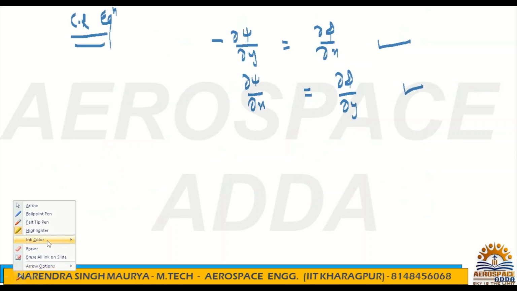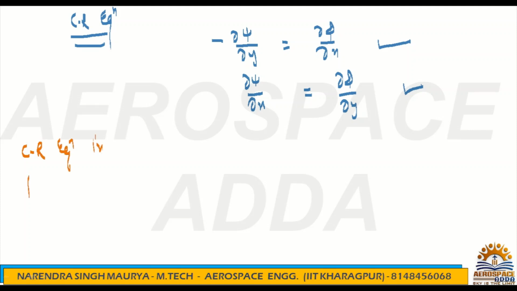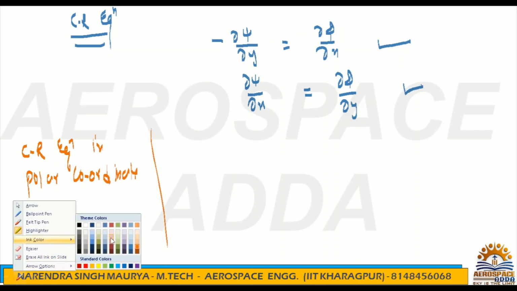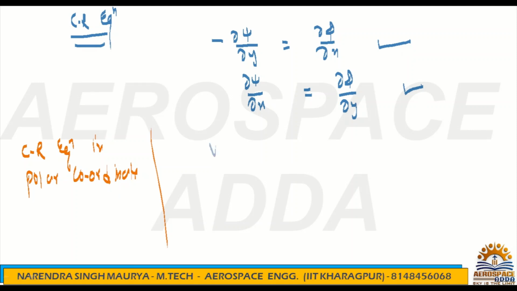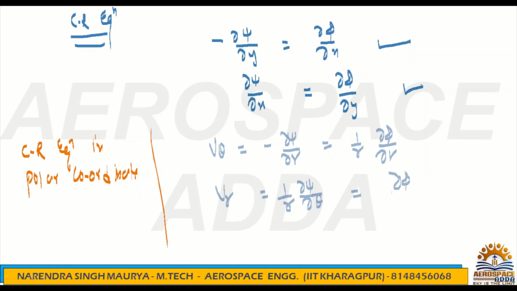Similarly, you can write the CR equation in polar coordinate. How can you write it? It's a simple formula only. The tangential velocity v theta is minus dou psi by dou r, and this is also 1 upon r dou phi by dou theta. Then the radial component v r is 1 by r dou psi by dou theta, and this is nothing but dou phi by dou r.